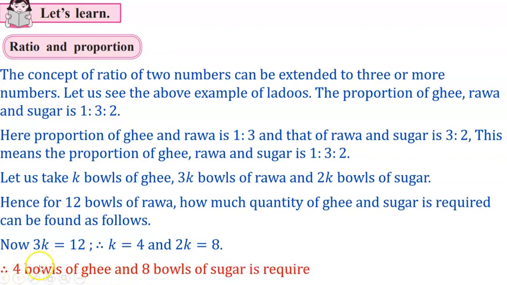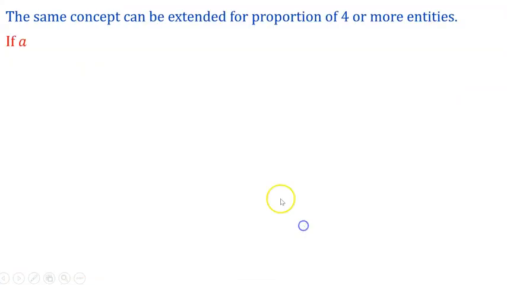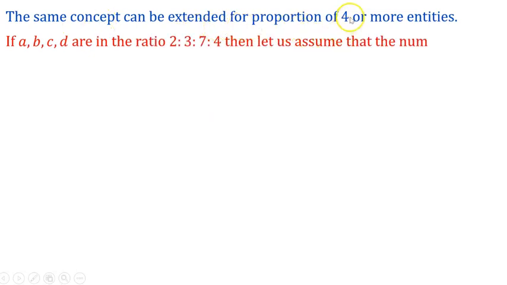And therefore, 4 bowls of ghee and 8 bowls of sugar are required, because the ratio of ghee, rava and sugar is 1:3:2. It means we require 4 bowls of ghee and 8 bowls of sugar when we take 12 bowls of rava.